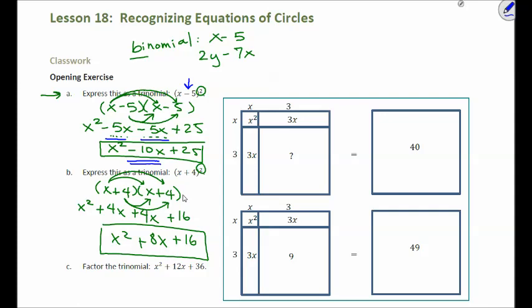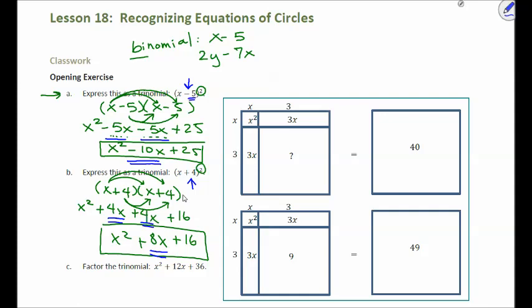So in other words, the negative 10 came from doubling the negative 5. Does that work down here? Well, the 8 comes from the 4 and the 4, which came from doubling plus 4. So that middle term of our trinomial comes from doubling the number that's in the binomial.